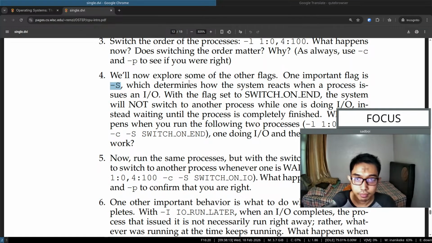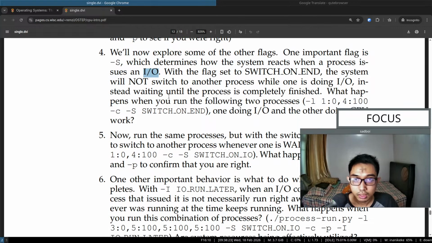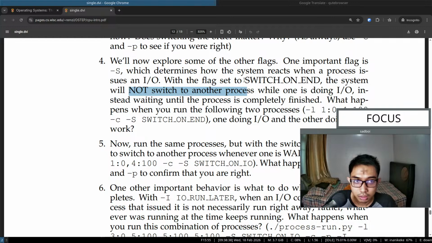We will see. This determines how the system reacts when a process issues an input-output. With the flag set to switch on N, the system will not switch to another process while one is doing input-output.